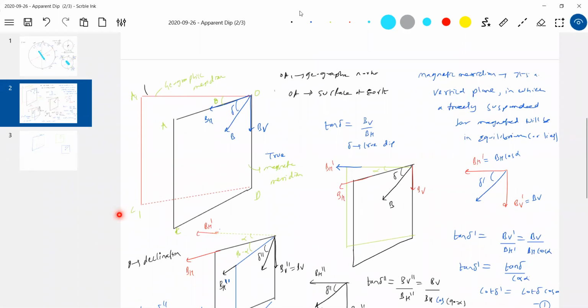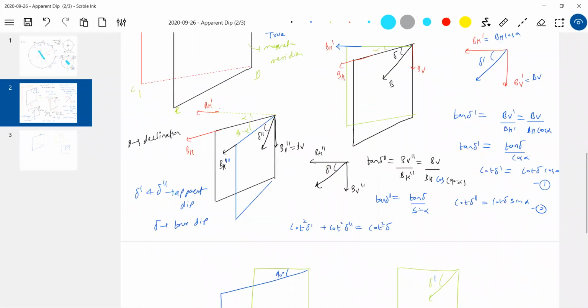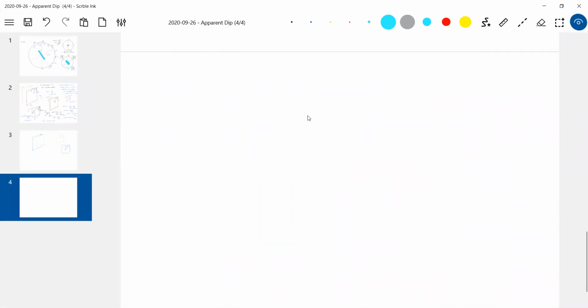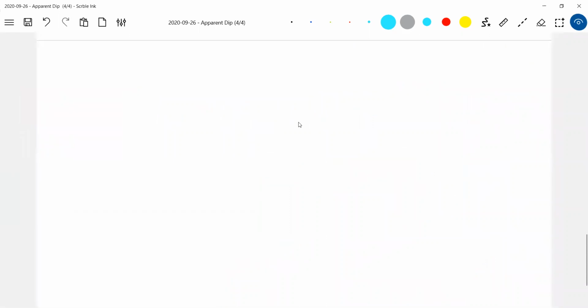First, I will set up the dip circle in the geographic meridian. Let me put in another page, the same set of diagrams. The red color is what we took for geographic meridian.